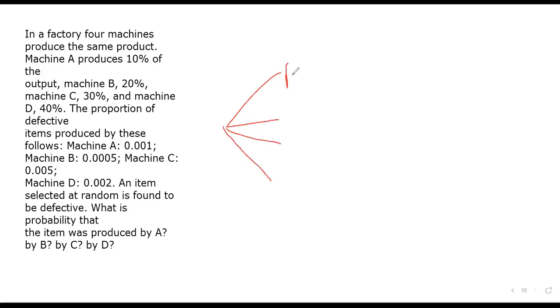There's machine A, machine B, machine C. What's the probability for machine A? 10%, so you put 0.1. For machine B, 20%, which is 0.2. Machine C, 30%, which is 0.3. And machine D, 40%, which is 0.4.